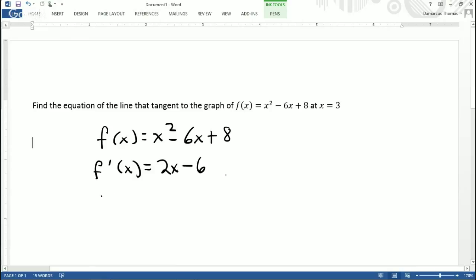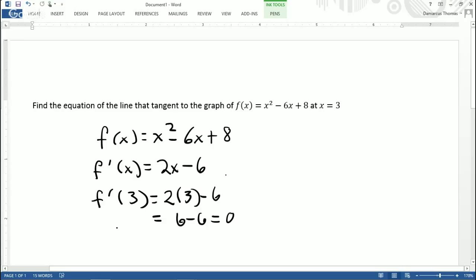And so now let's figure out what that slope is. Since we have the derivative formula for the slope at every point, we can now calculate the slope of that tangent line when x is 3. And so f prime of 3, we're going to use that function, substitute 3 in there, and I'm getting 6 minus 6 is equal to 0.